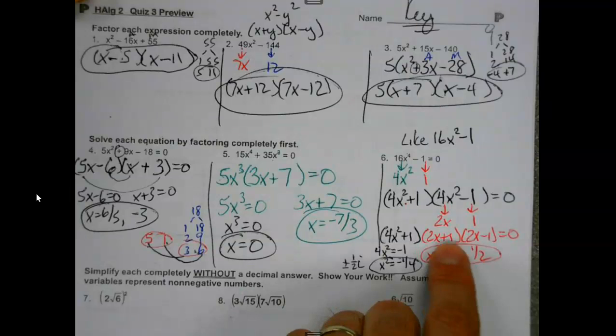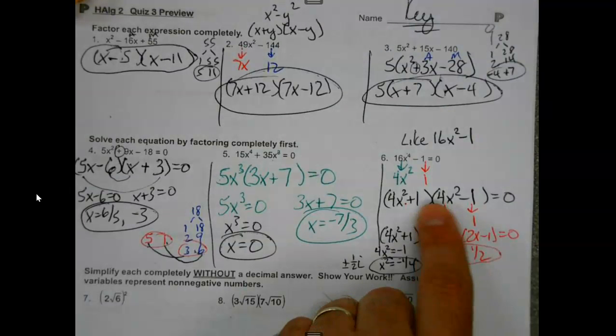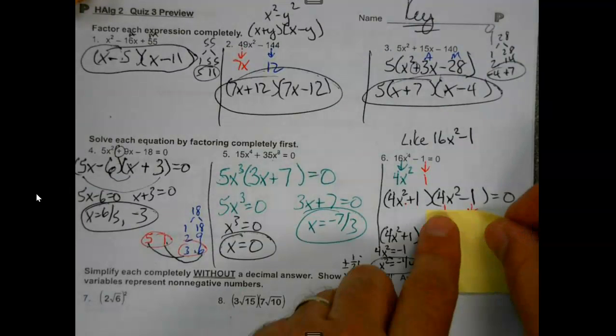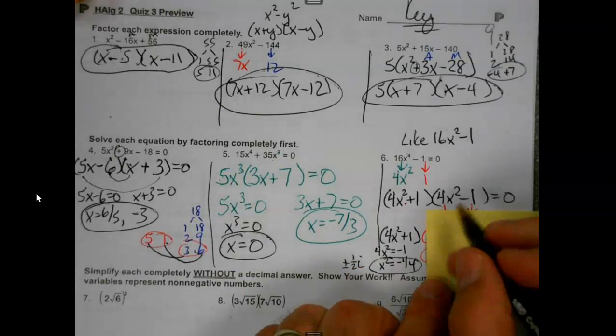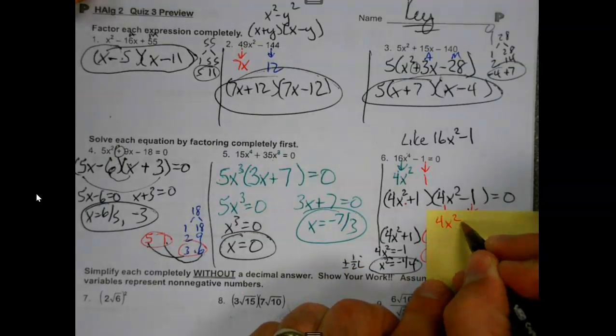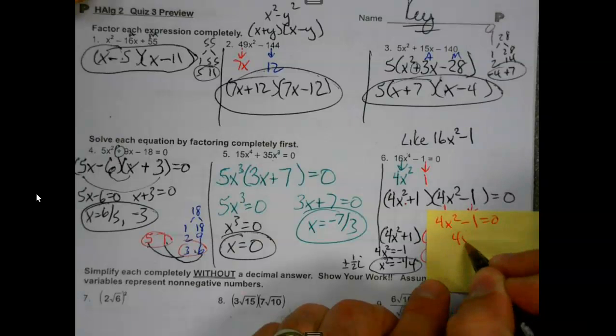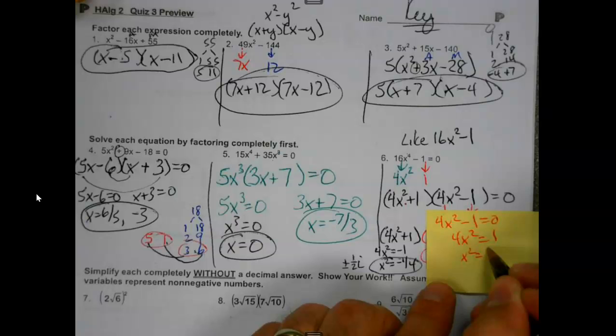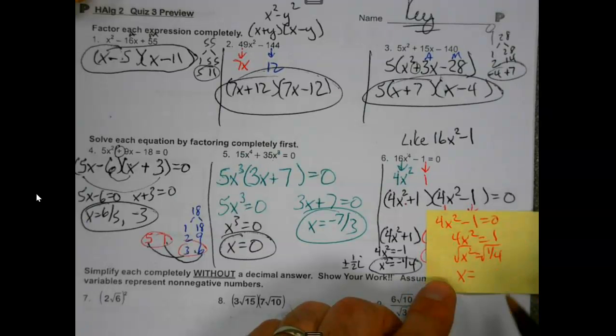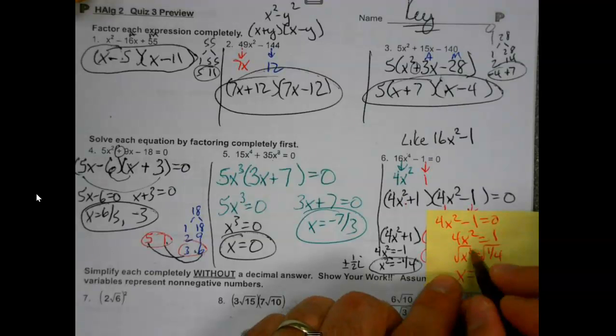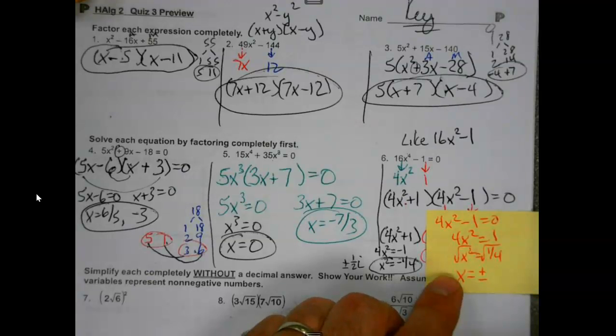And Hardy, what if I forget to do this? What if I just get to here and I solve this, which we can do. Divide by 4. Take the square root. Now here's what you do have to remember though. Square root has plus minus.